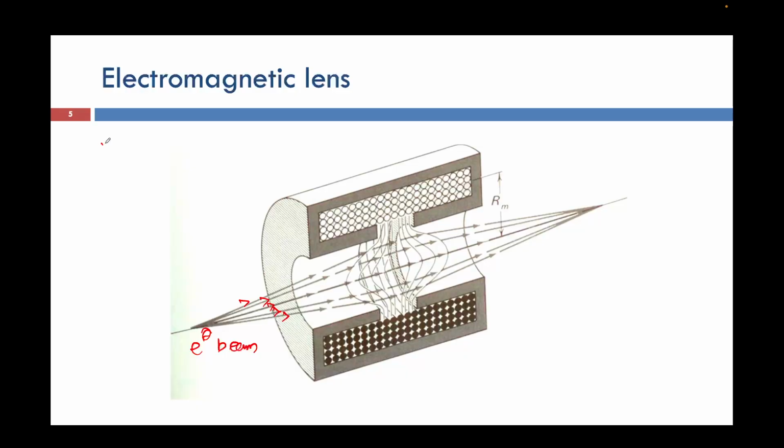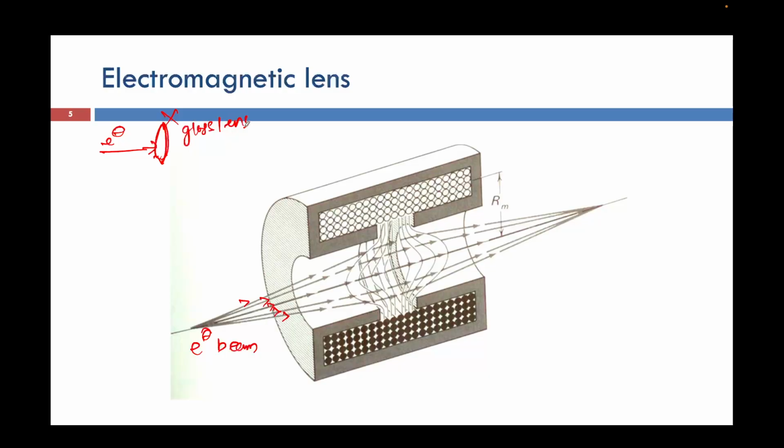If you put a glass lens in the path of the electron, even with its higher energy, it cannot penetrate the glass. So we have to remove the glass lens and use something which is not a physical lens, but a virtual lens that acts as a physical lens.